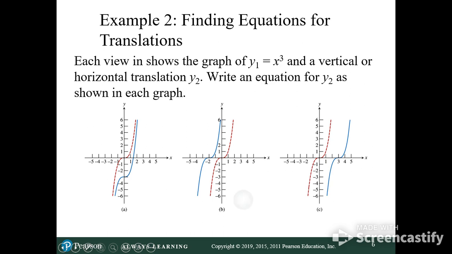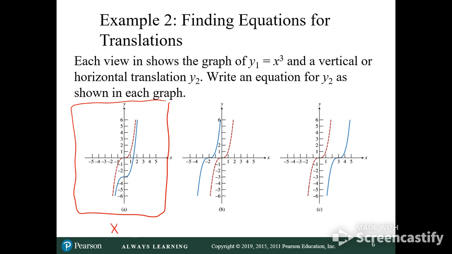For this one, the red graph is the original graph. What happens in this first one? What do you think is happening in the first one? It goes down by 3. So if the first graph is x cubed, it would be x cubed minus 3.